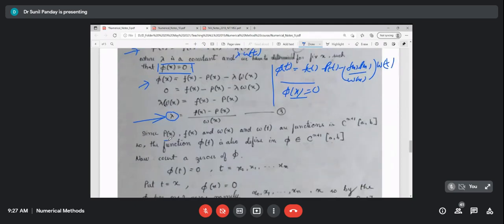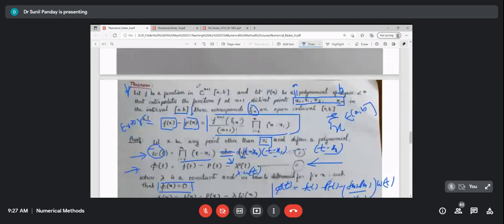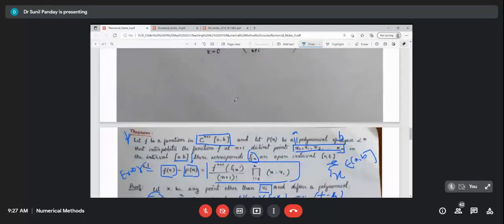Now since p, f, W(t) and W(x) are functions in C^(n+1)[a,b], what is this C^(n+1)[a,b]? In the statement of the theorem, f is a function that belongs to the set C^(n+1)[a,b].